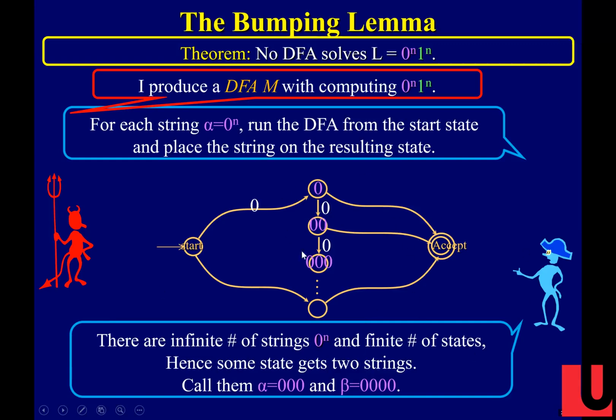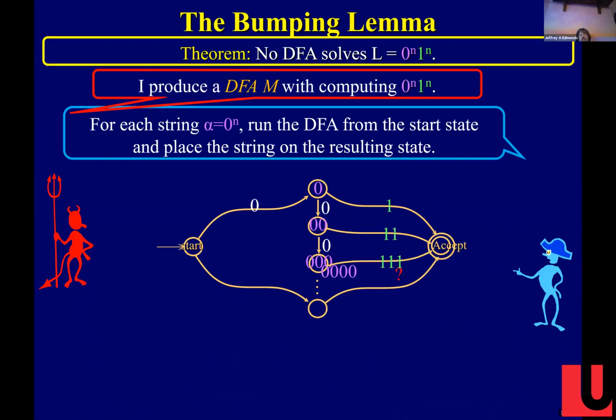So because there are only a finite number of states here, that means there must be some state that gets 2 of the same first names. Say this state gets 3 zeros and gets 4 zeros. If you run this machine on 3 zeros, you end up here, and if you run it on 4 zeros, you end up here as well, right? Then what do you know?